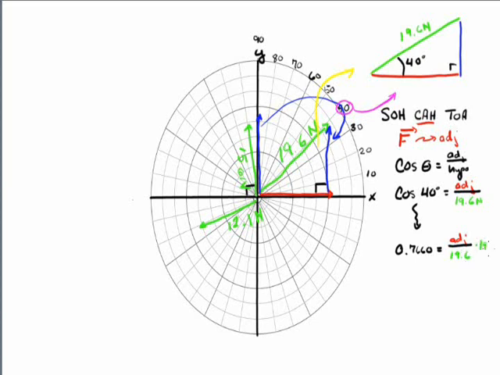I multiply by 19.6. Cancel, cancel. And I multiply the left-hand side by 19.6. If I use a calculator, I can calculate this to be 15.0136 equals the adjacent side, which is also known as force in that direction. Now, if I respond in Mr. Fay's class, I call that 15.01 newtons.